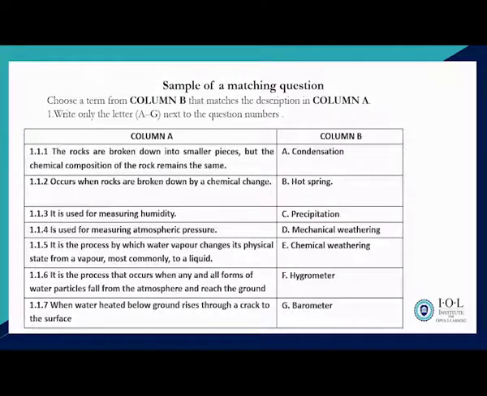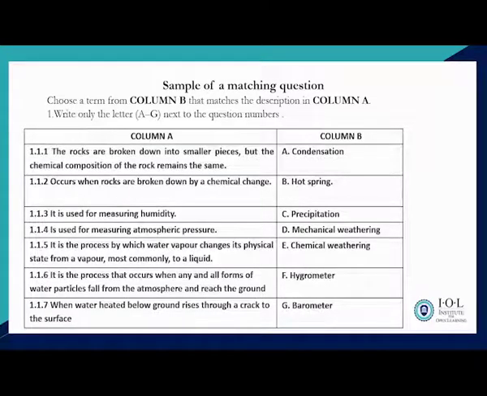So you will be asked to choose a term from column B that matches the description in column A. Write only the letter A to G next to the question numbers. So this is the kind of question, a matching question, that you can expect.